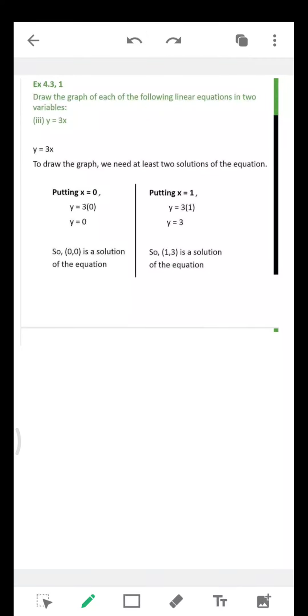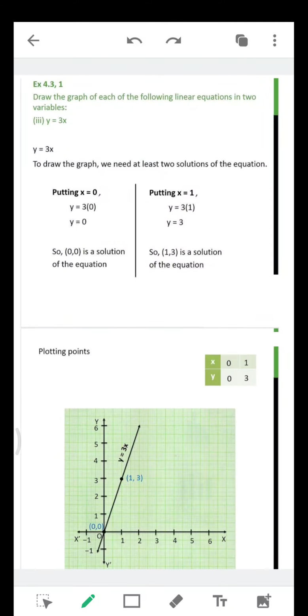So now after finding these 2 solutions, again I'll plot it on the graph in this manner. First solution is 0, 0. That 0, 0 comes here, that is called the origin. The second point is 1, 3.